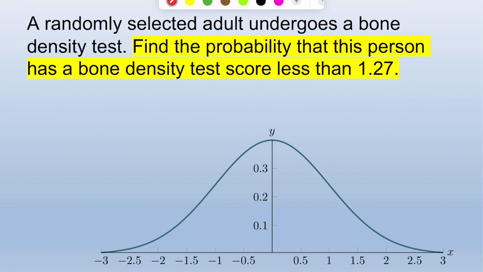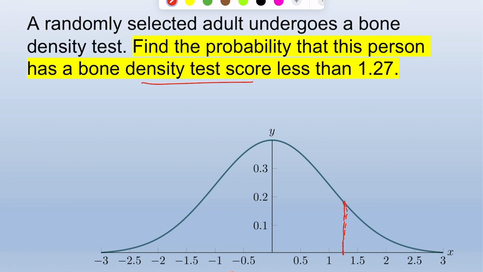Okay, so find the probability that their bone density score, the scores are here on the x-axis, is less than 1.27. Well, 1.27, I guess, is right about here, right? And so probability is area.